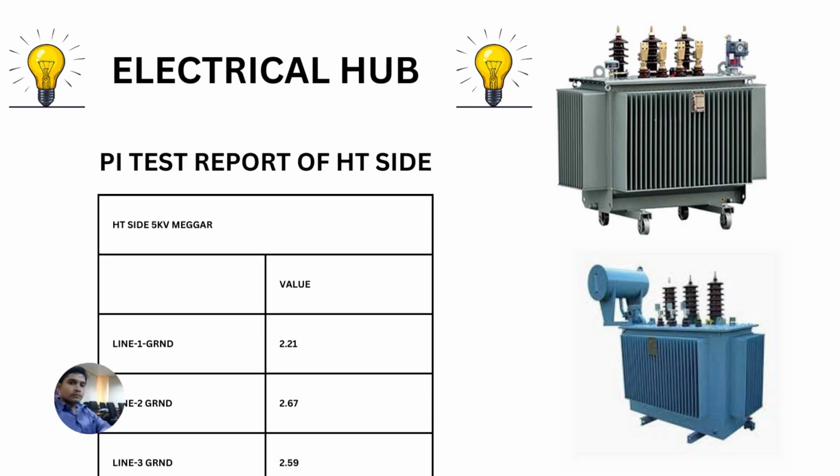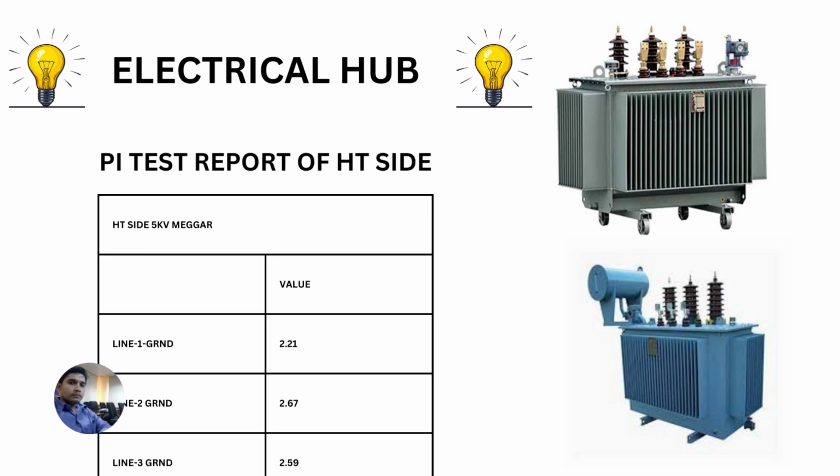Here I am showing you the PI report of the HT side. Because the transformer is new, its value is good. It is above 2. But slowly and gradually, as the transformer gets older, there is some deterioration in the quality of the insulation, and similarly, there will be some reduction in the value.